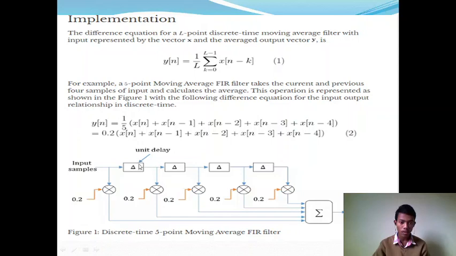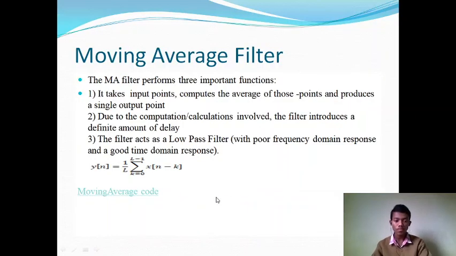Next I give one delay and take x of n minus 1, the previous input, then again one delay, x of n minus 2, again a delay, x of n minus 3, again a delay, x of n minus 4. Here the summation operation is going on, and this is the moving average output.